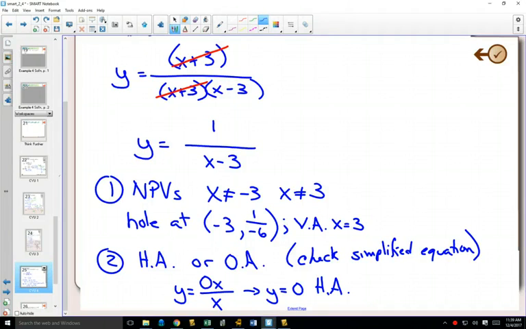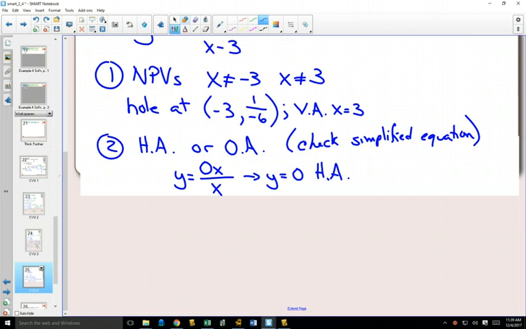Because in example 1, your simplified equation ended up being a line. Whereas if you would have looked at the original equation in example 1, you might have thought there was an oblique asymptote. So you're always checking your simplified equation.